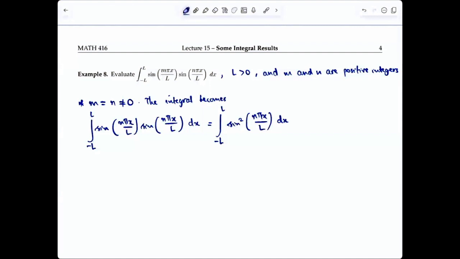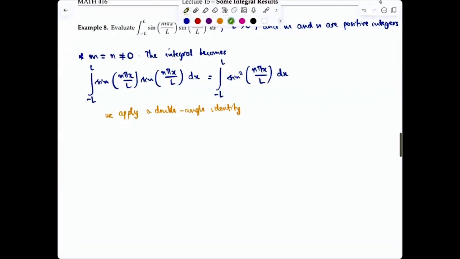So we're going to apply something called the double angle identity. Here you have a list of some of the formulas that you may have seen before.